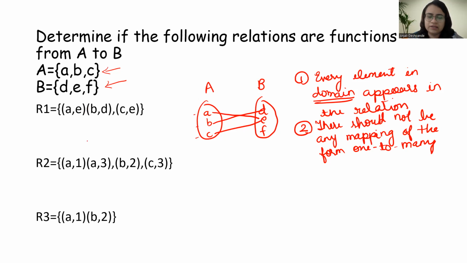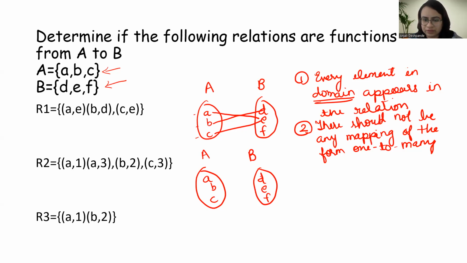Similarly, for the second relation, a is related to, the codomain here is different. It is 1, 2, 3.